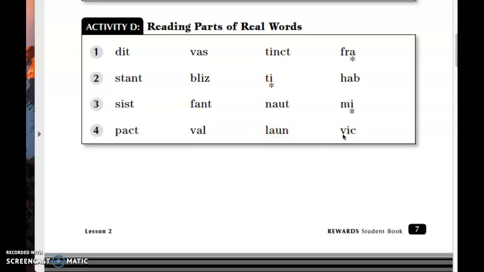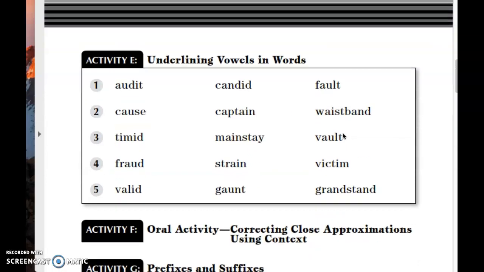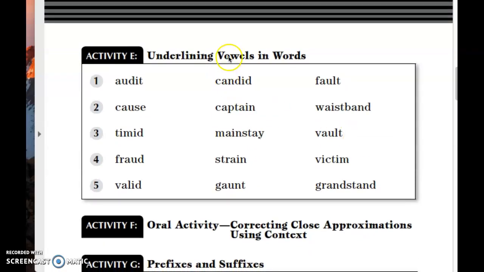Great work, guys. Now let's look for activity E. In activity E, we are going to be underlining vowels. Again, underline vowels in words. Remember, vowels are A, E, I, O, U. What are vowels again?